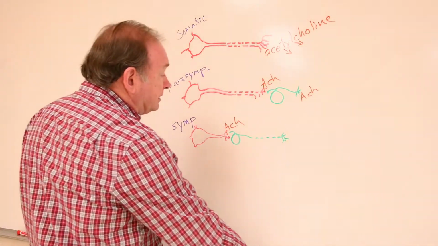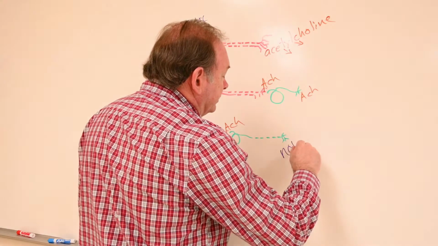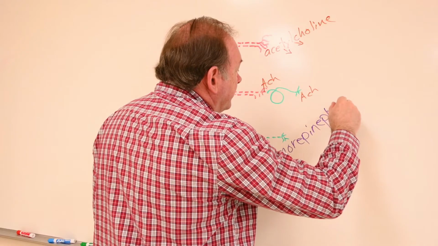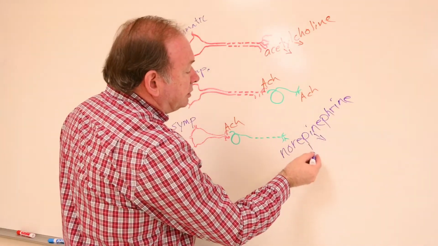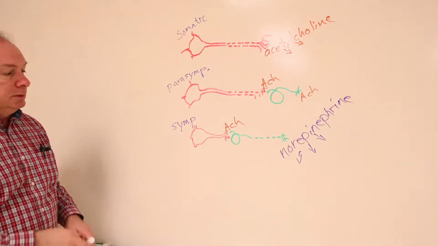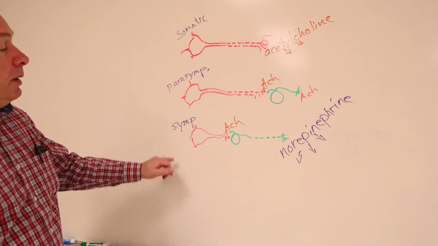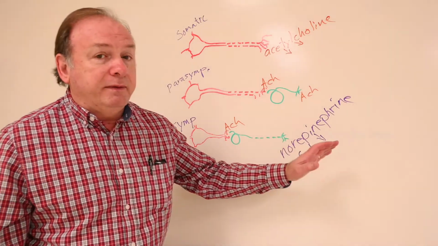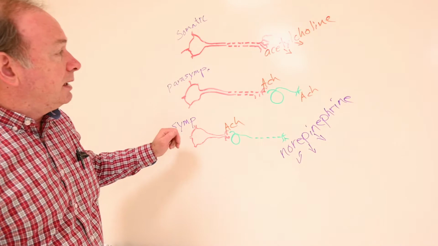In this case, norepinephrine is the chemical that's released to affect gland or smooth muscle or the heart muscle out there. So anyway, that's a difference we see in the kind of neurotransmitter that's used between parasympathetic and sympathetic.